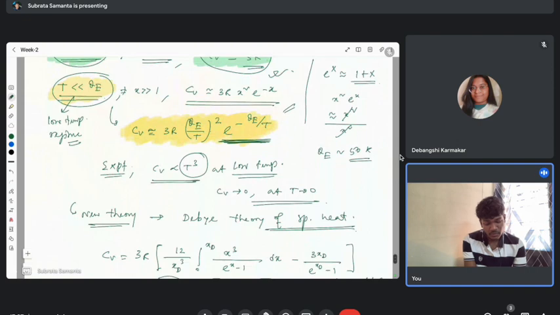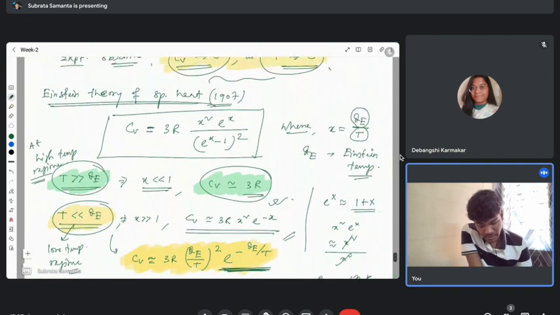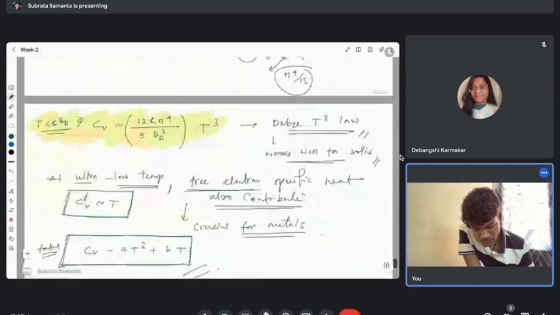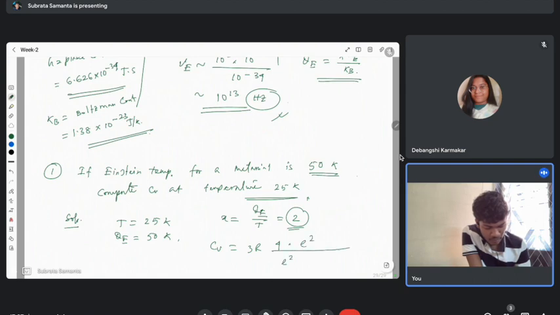Now we put it in the formula for Cv, which is 3R x squared e to the power x over (e to the power x minus 1) squared. Use the full formula, because you are not making any approximation that x is much greater than 1 or much less than 1. Since x is 2, x squared is 4, and you get some value.